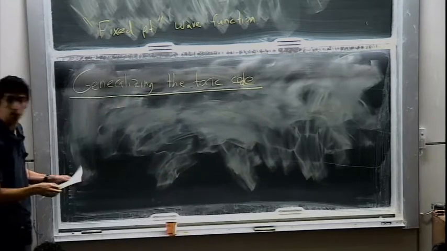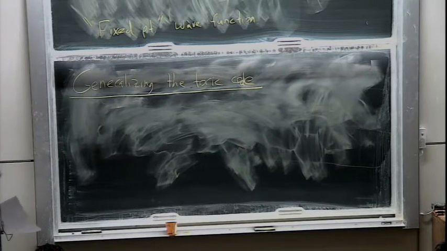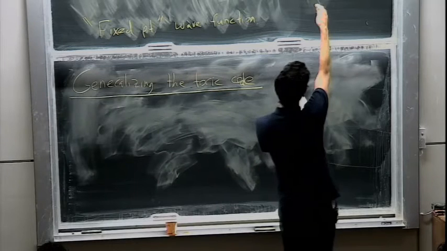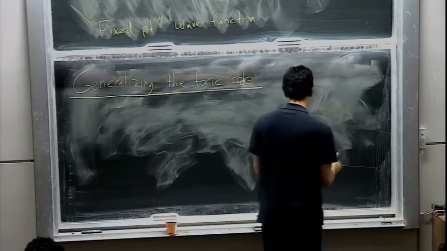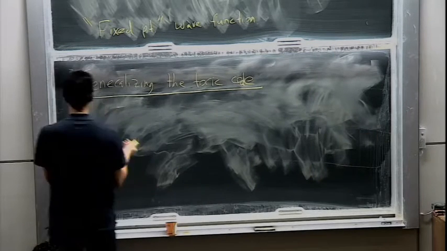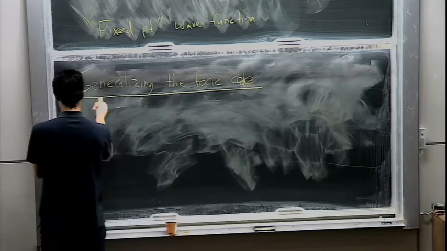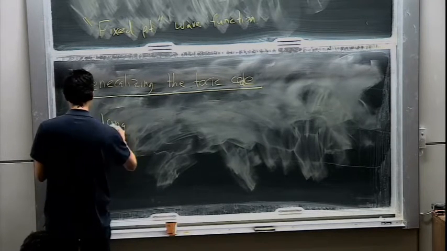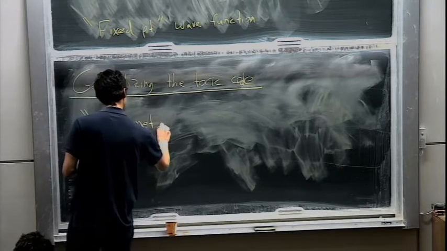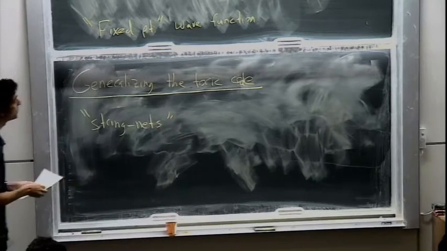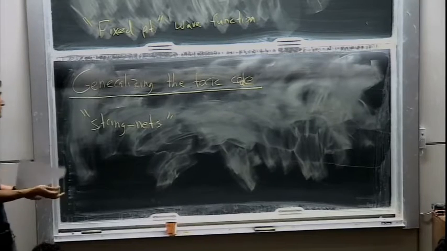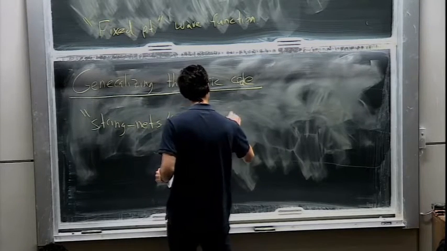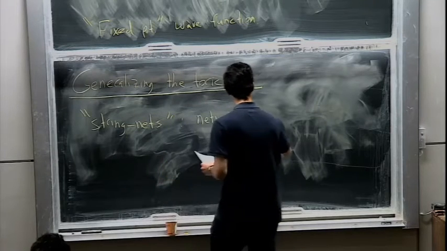Okay, so first just some language. This generalization is going to involve not just strings, but strings that branch. So the term that I'll use is string net. Let me tell you what a string net is. Basically, these are going to be networks of strings with branching.